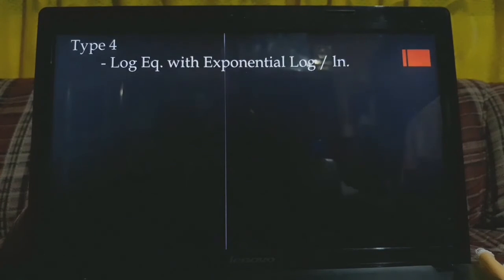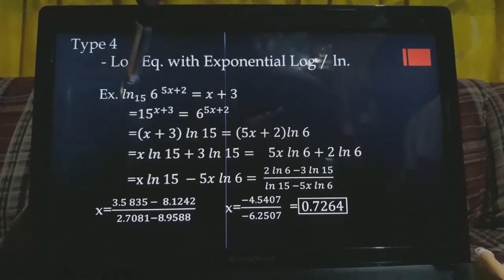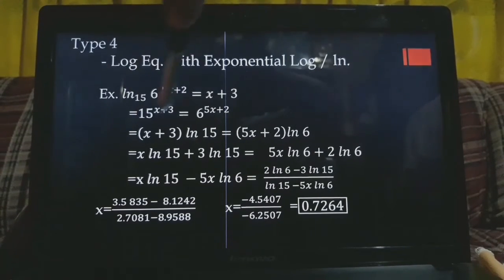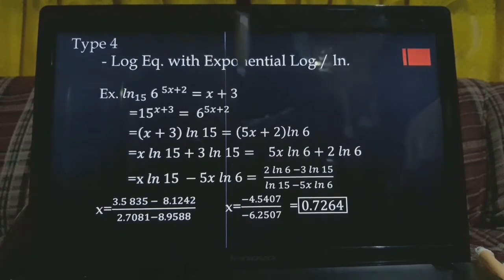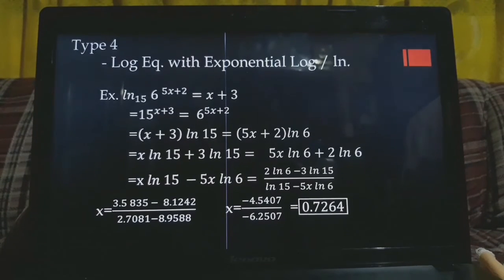Next, type 4, log equation with exponential log or natural log. Example, natural log of 6 raised to 5x plus 2 to the base of 15 is equal to x plus 3. Remember that this is the base, so 15 raised to x plus 3, this is the exponent, right? Is equal to 6 raised to 5x plus 2.